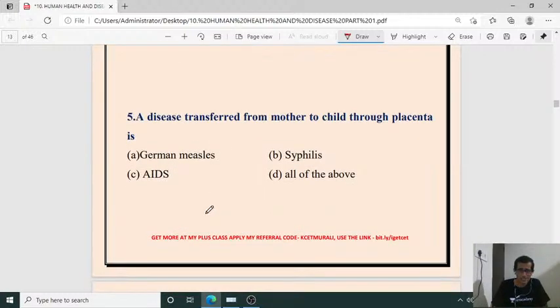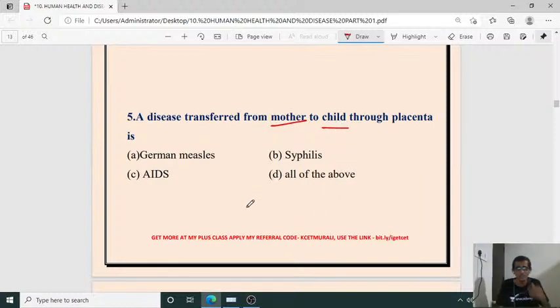Next, question number 5. A disease transferred from mother to child through placenta is called what? It is an example of a disease which is transferred from mother to child through placenta. The placenta is a maternal and fetal connection.